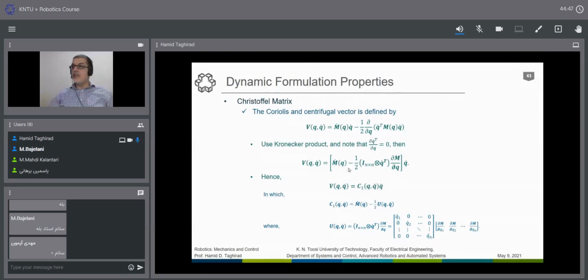by these two equations, M dot Q, you find the M dot plus, and we call this one U, unitary or some special matrix, where U is basically this.